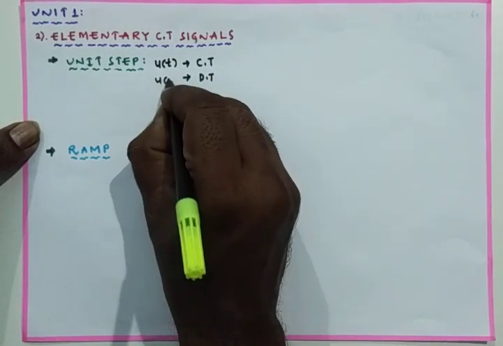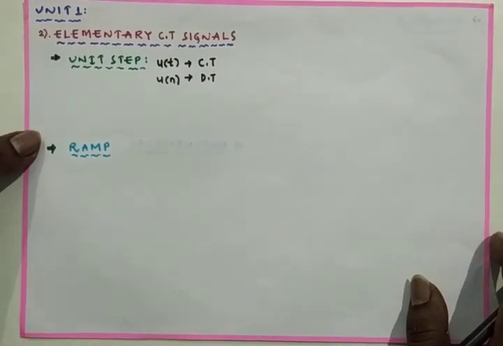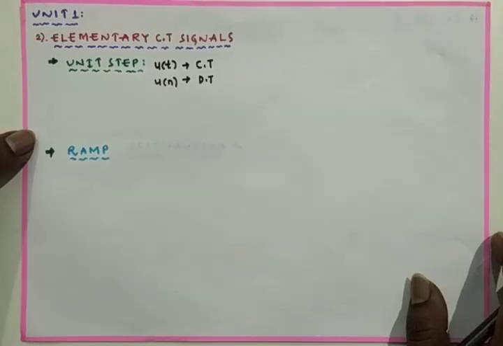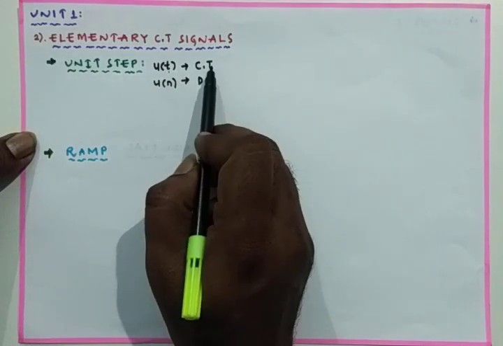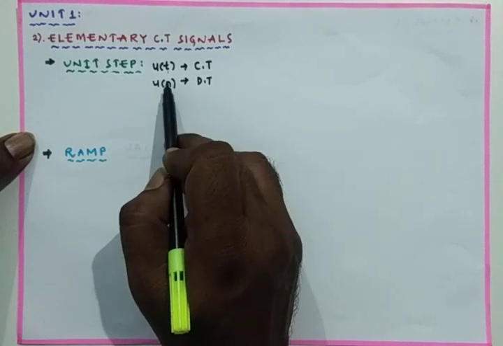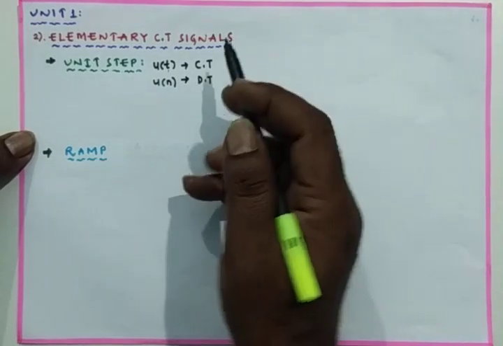We have studied what is n and what is t, in the comparison or the difference between the continuous time signals and the discrete time signals. We know that u of t is a continuous time signal, that is unit step continuous time signal. U of n is a unit step discrete time signal.